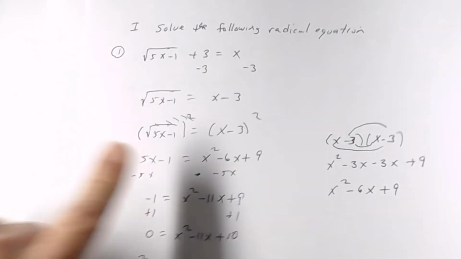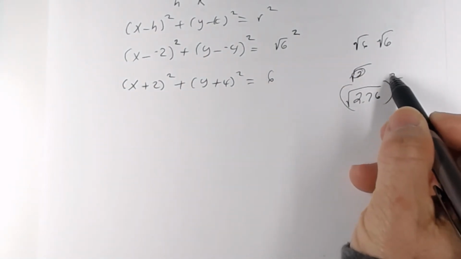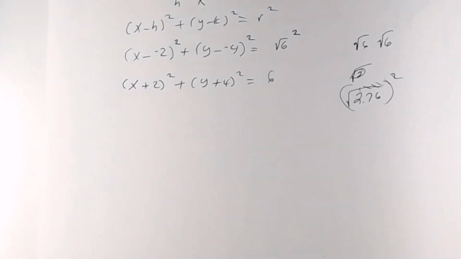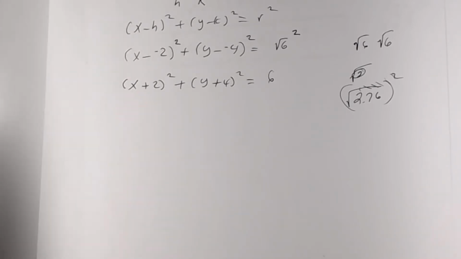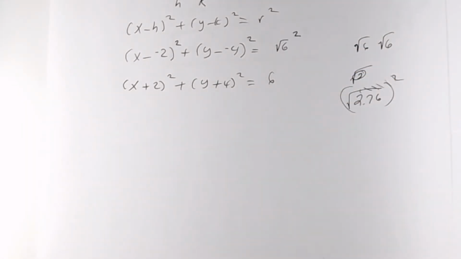So if you look at this, isn't that the same thing? Yeah. So it's just 2.7. Good question, good observation. That's easier to remember. It's just like when we're solving square root equations. The square and the square root are inverse operations, just left with 6, right?